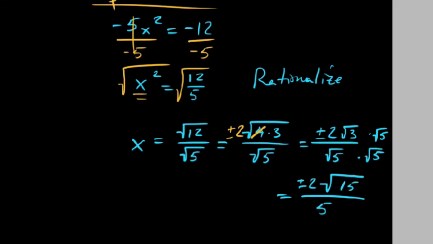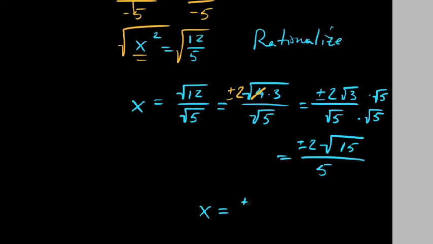So our two roots in this instance are plus or minus 2 radical 15 over 5. Let me slow down a second here. The two roots are 2 radical 15 over 5, and the other root is negative 2 radical 15 over 5. So we end up with two roots.